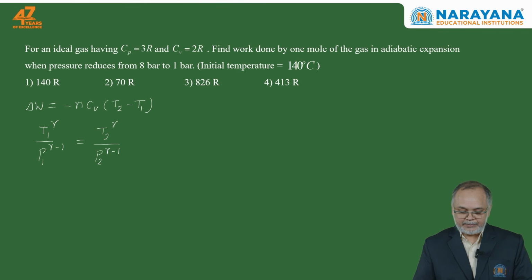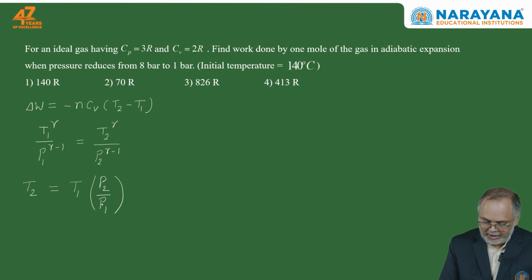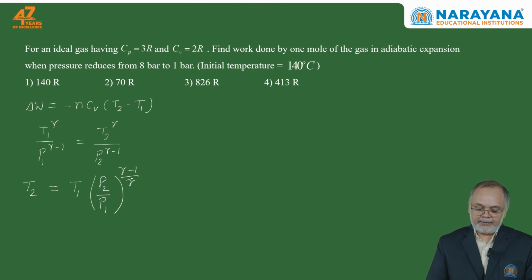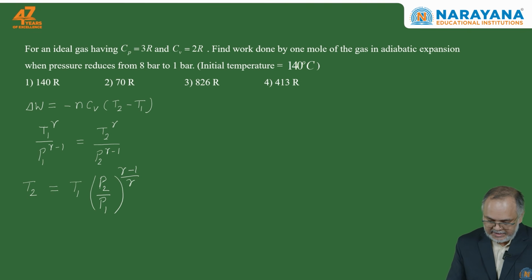Now T2 in terms of T1, we can easily write: T2 is equal to T1 into (P2 upon P1) to the power (gamma minus 1) upon gamma.